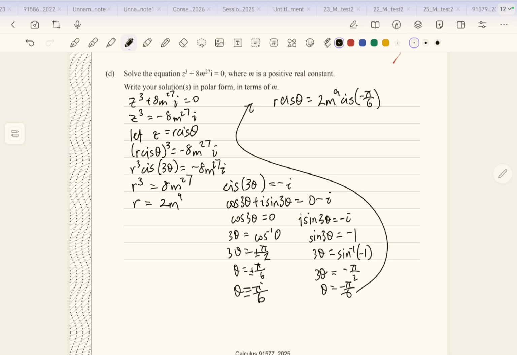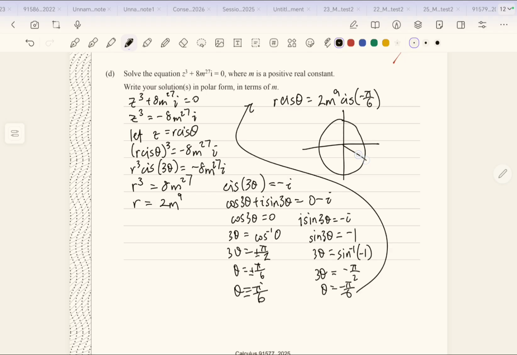Therefore, for our complex solutions, remember it's spaced out evenly across the circle.